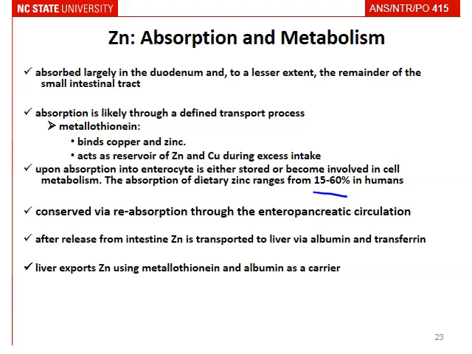It binds both serum albumin and transferrin. So our transferrin can bind and transport our iron, and it can transport our zinc. And then it's stored within the liver. Our liver can export our zinc using metallothionein and albumin as a carrier.